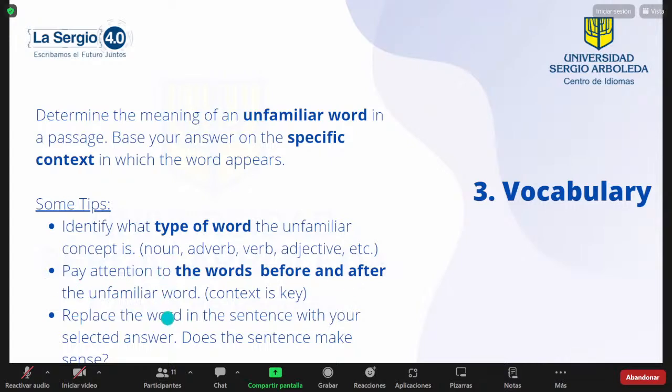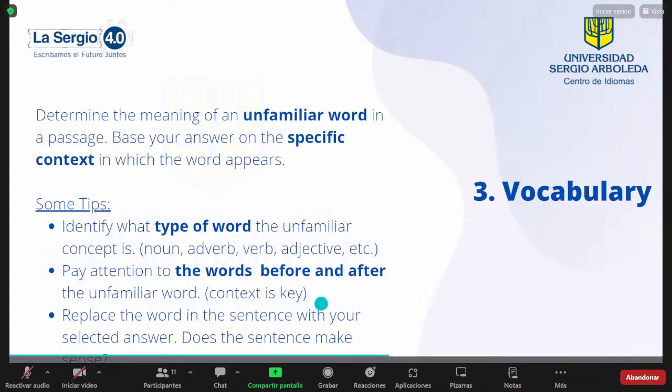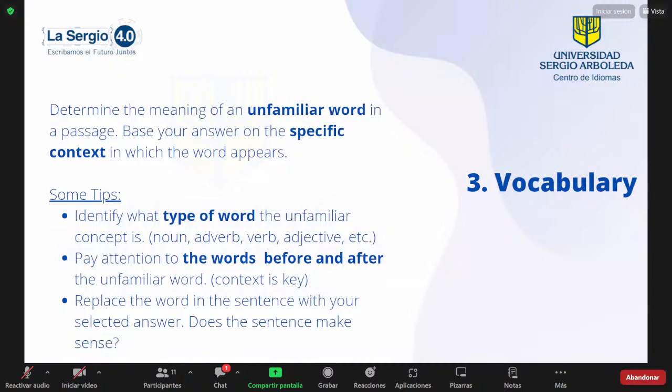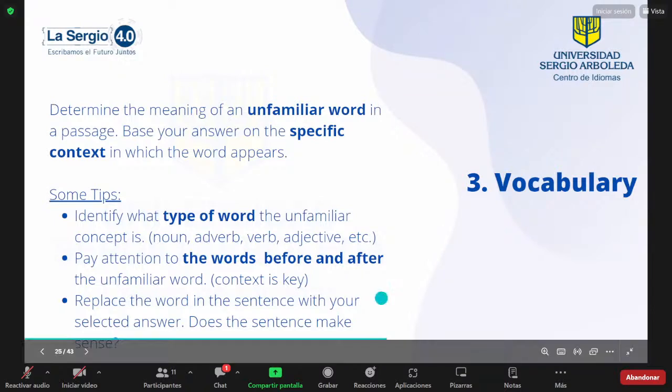Look at the words before and after, so you see the context of the unfamiliar word. Replace the word in the sentence with your selected answer and check if the word makes sense. Does the sentence make sense?